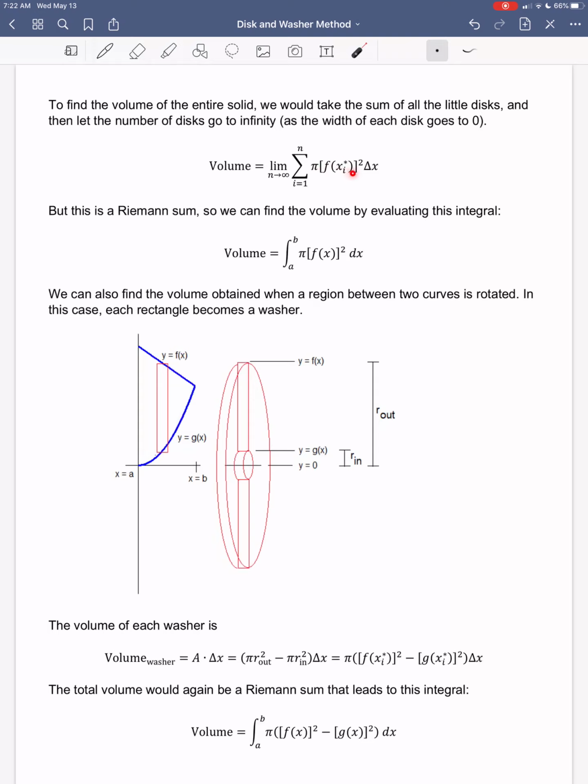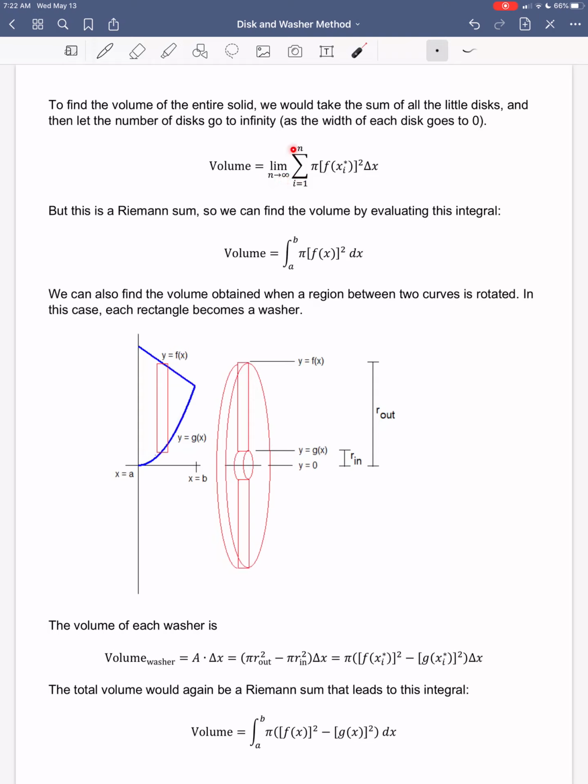There's pi times that f of x sub i star squared, that's pi r squared times the thickness of the disk. I'm going to add up all the disks as i goes from 1 to n. So that would be all the disks going across the region. But then I want to have the number of disks go to infinity, right? I want each of those little rectangles to get narrower and narrower. So the width of each disk goes to 0.